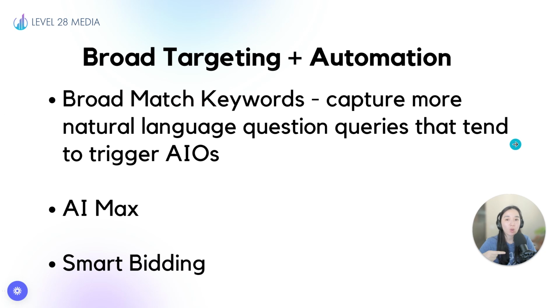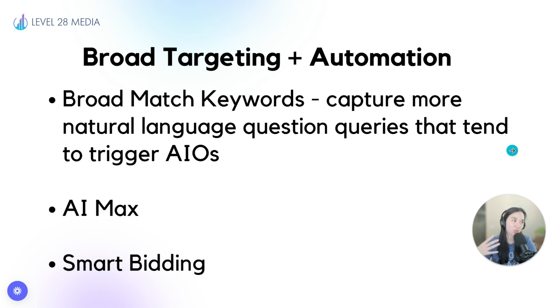So number one is broad targeting and automation. Using broad match keywords allows you to capture more natural language question queries that tend to trigger these AI overviews.